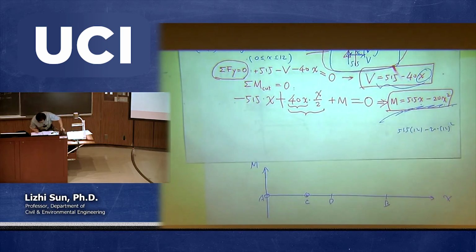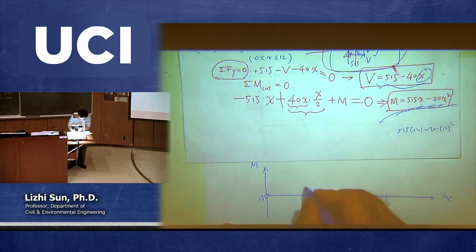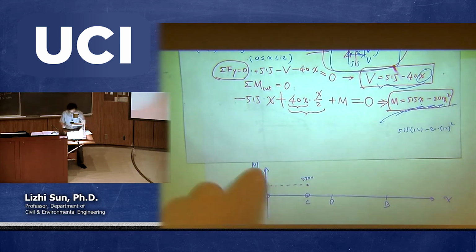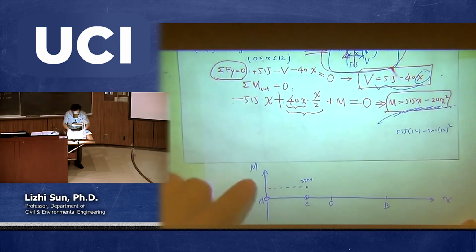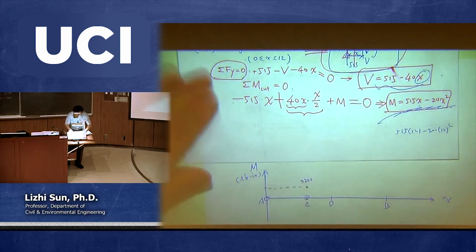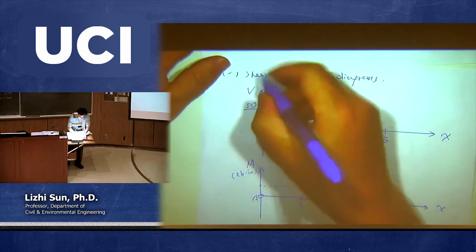What is the number? It's 3,300. You calculate it, but this is what I got from the book. And you do need to write the unit, by the way. So moment in terms of pounds-inch, don't forget, and the shear is pounds.